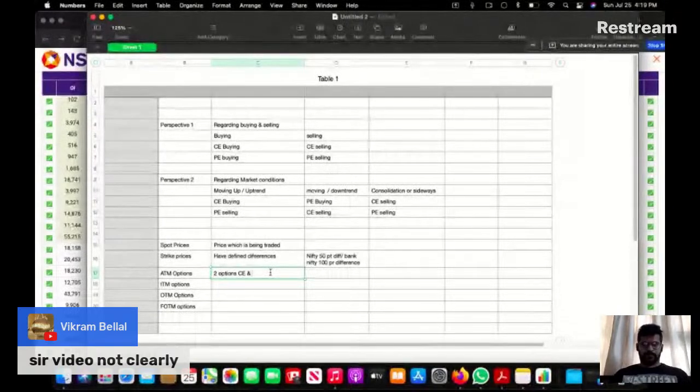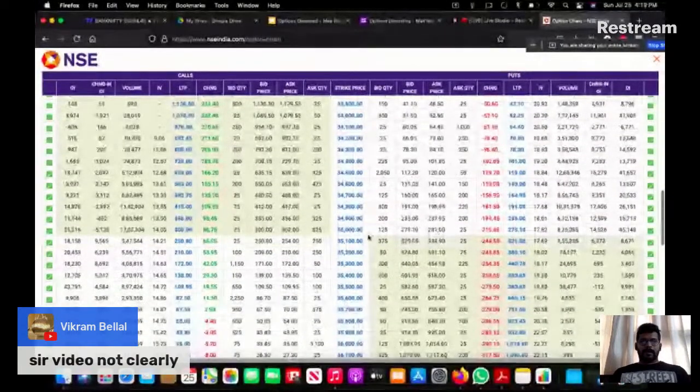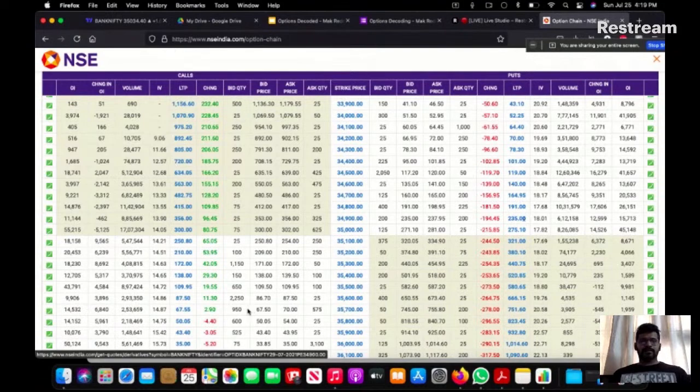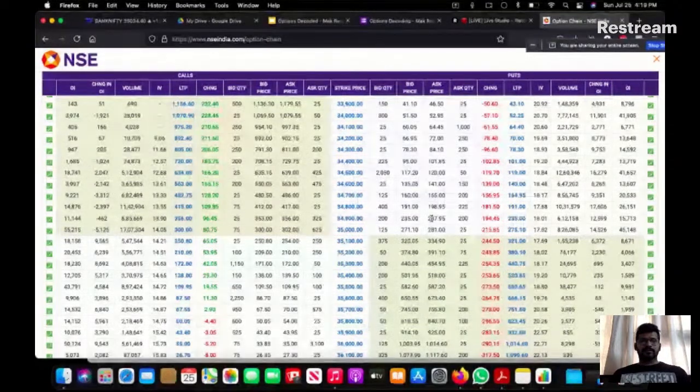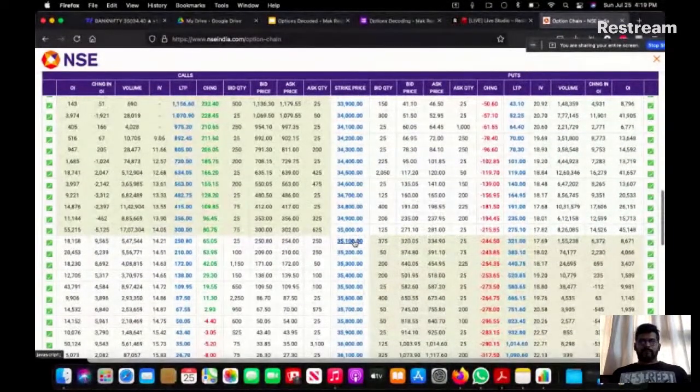And in the money, in the sense, confused. Okay, so can you see the gray area and the white area? The white area is called out of the money options. Out of the money, in the sense, the 35,100 call is an out of the money option. The 34,900 put is an out of the money option. So half of the CEs and half of the PEs are always out. For a PE, when the strike price goes down, it is called out of the money, and for a call option, when the strike price goes up, it is called out of the money.